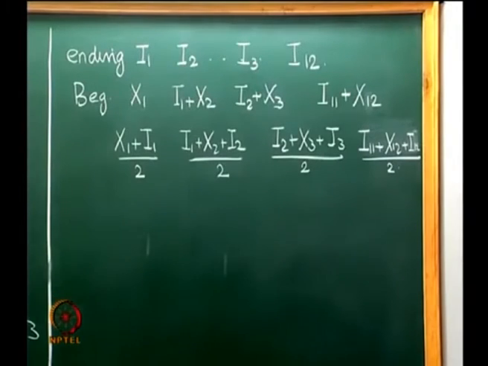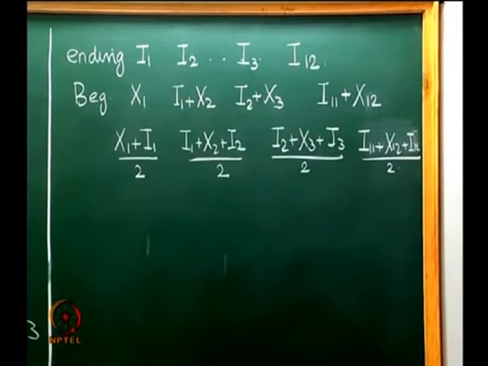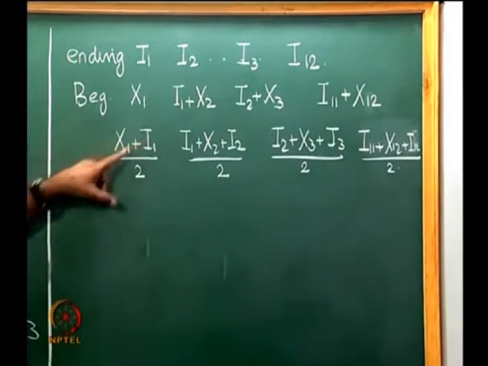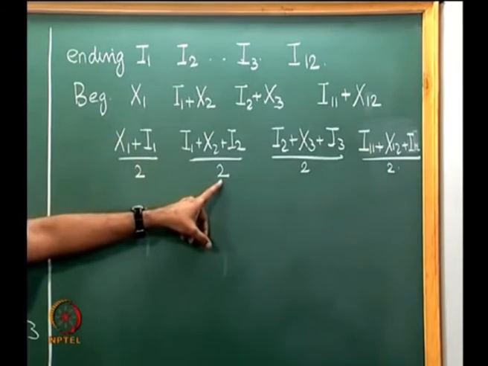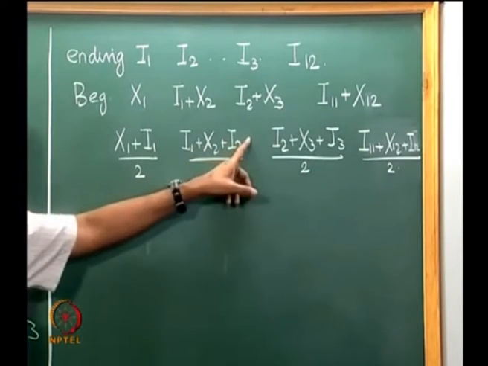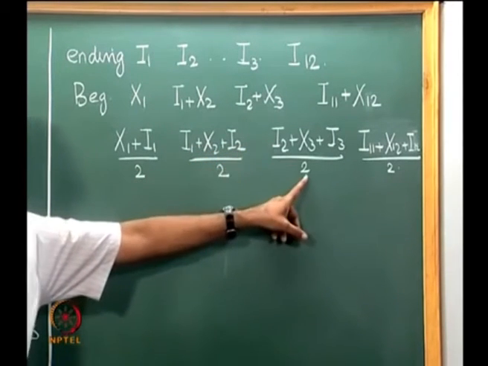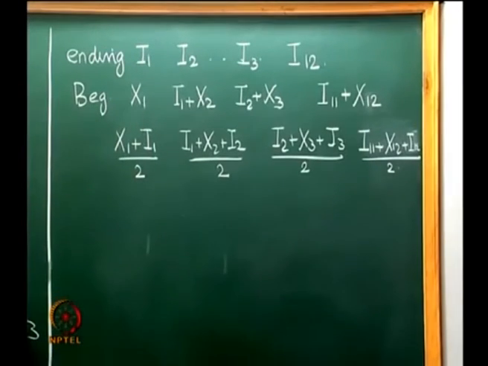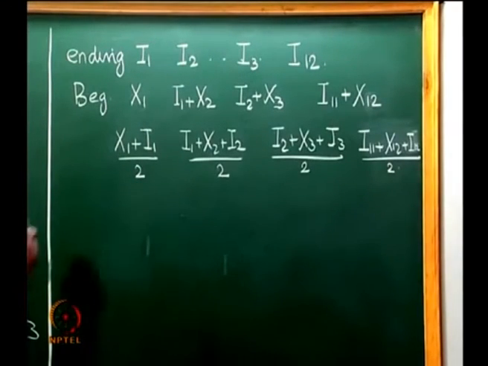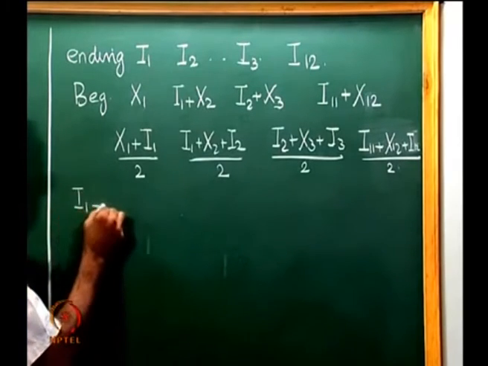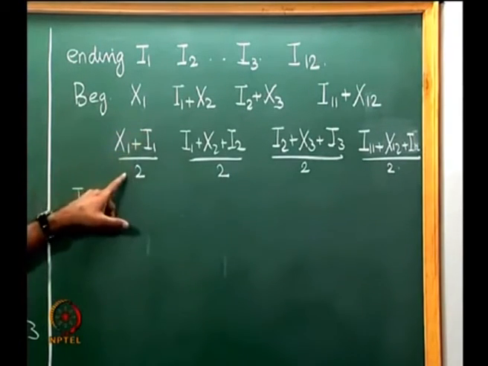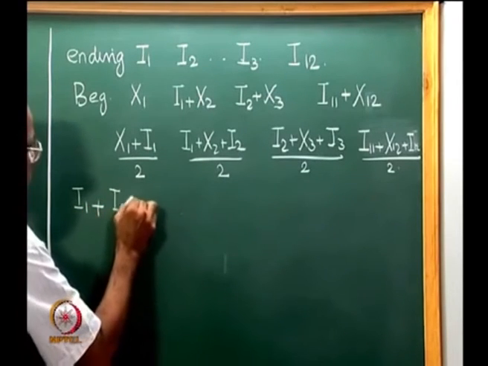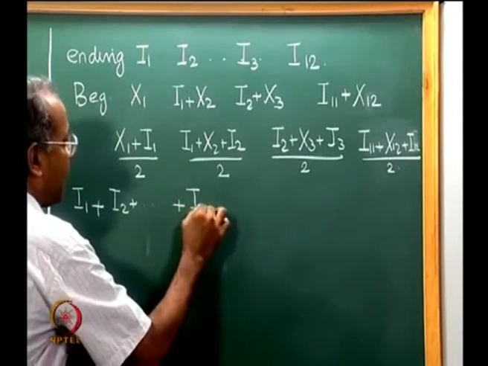So if we sum all the average inventories, we will get I1 divided by 2 appears here, I1 divided by 2 also appears here. Similarly, I2 divided by 2 appears here, I2 divided by 2 appears here. So when we take only the I1, I2 up to I12 terms, we will have I1, because I1 divided by 2 plus another I1 divided by 2. So I1 plus I2 plus up to I11.